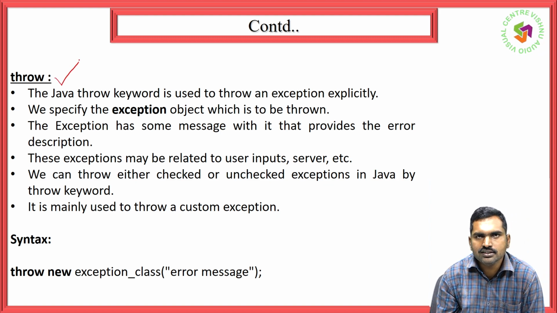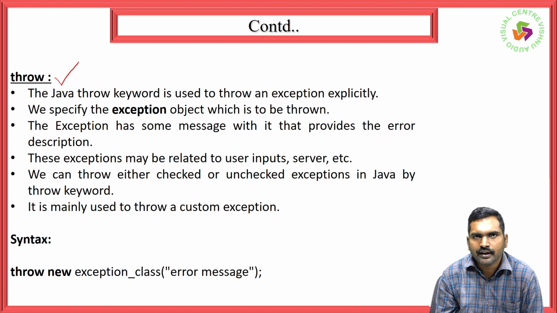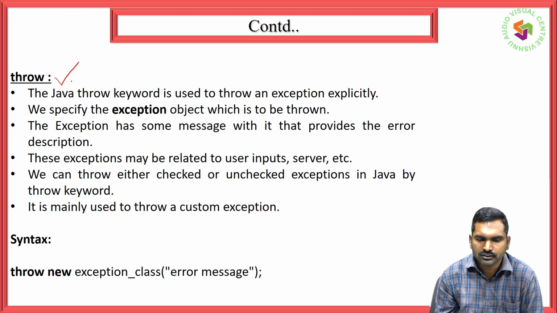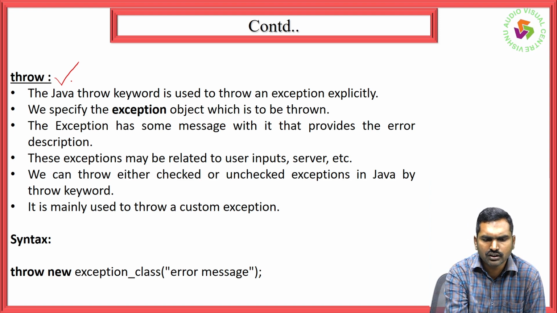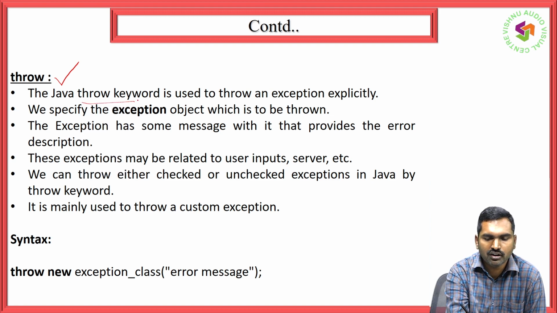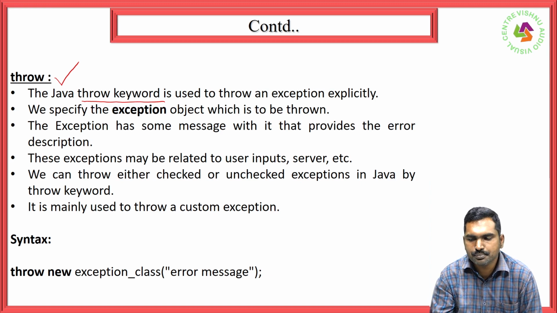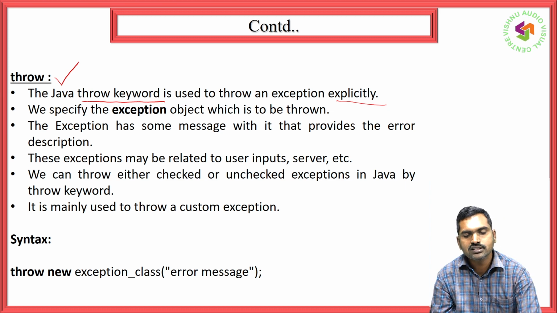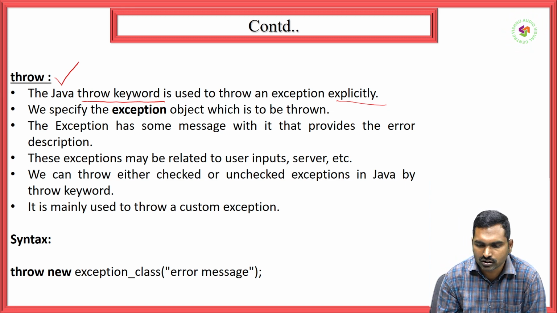We can also raise an exception explicitly with the help of the throw keyword. So the throw keyword is used to throw an exception explicitly. We specify the exception object which is to be thrown.